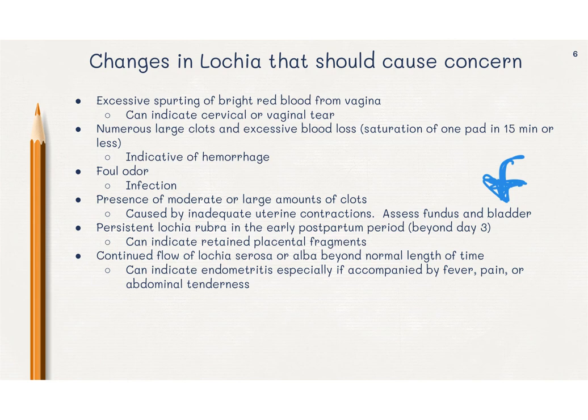So when you are massaging the fundus and you've taken the patient's underwear down so you can see the lochia coming out of the body, if you stop, the bleeding should stop for a second, okay? So again, if you're having constant bleeding coming out of the vagina, you should be concerned that there's a tear or something else going on, okay?